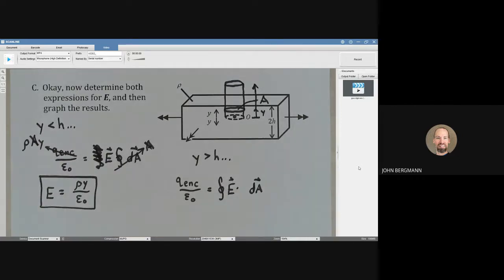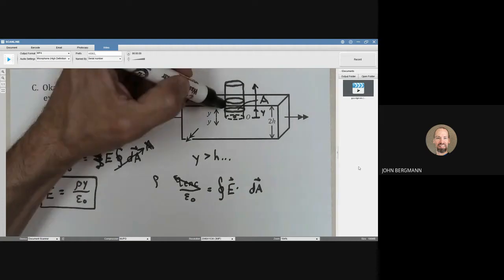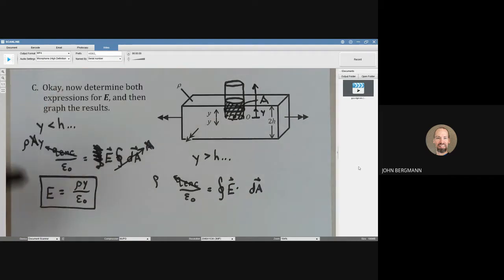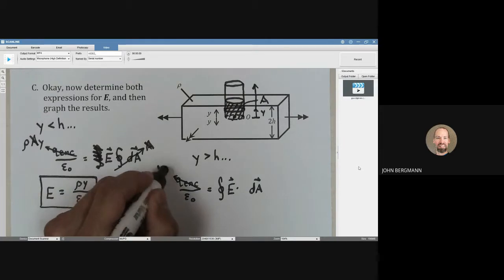What's the charge that's enclosed now? Well, the charge that's enclosed goes all the way up to the point of y equal h right there. But then there's no more. So the charge that's enclosed is rho, the charge per volume, multiplied by the volume of that plug right there, which is the area multiplied by h.